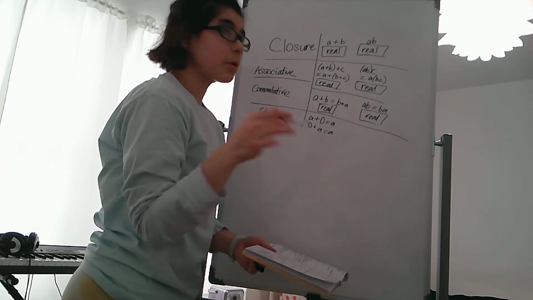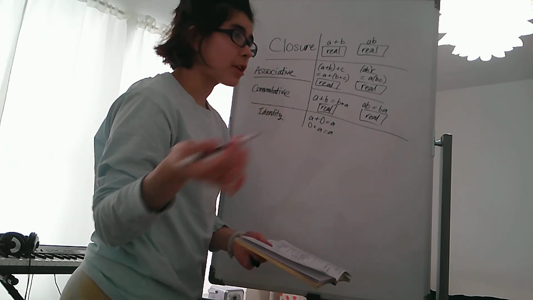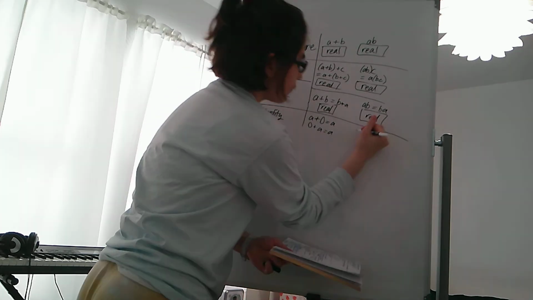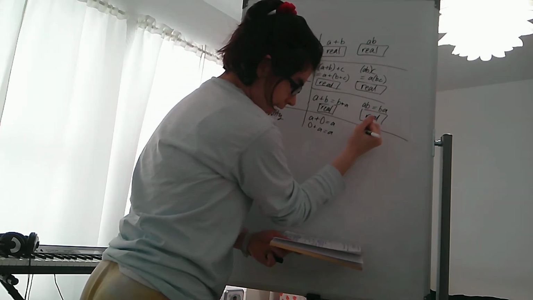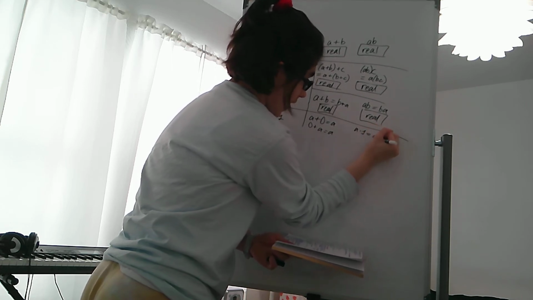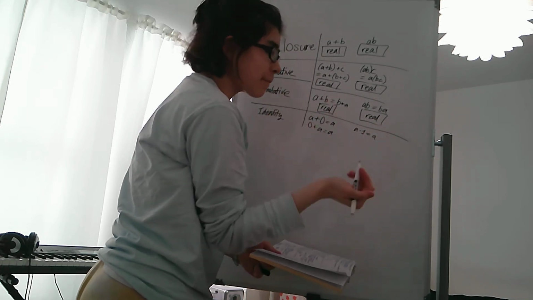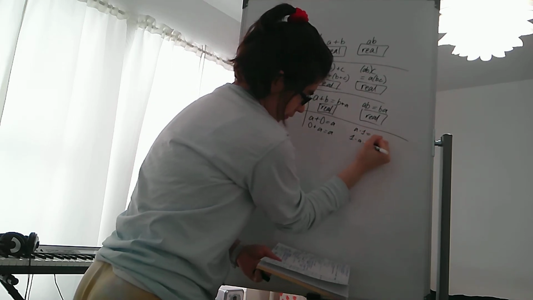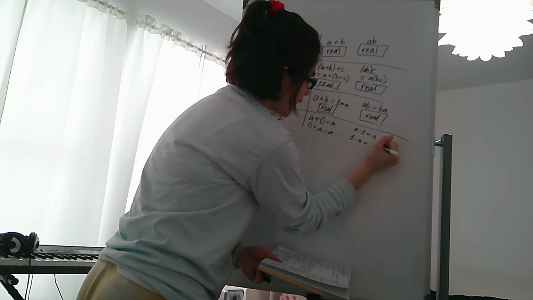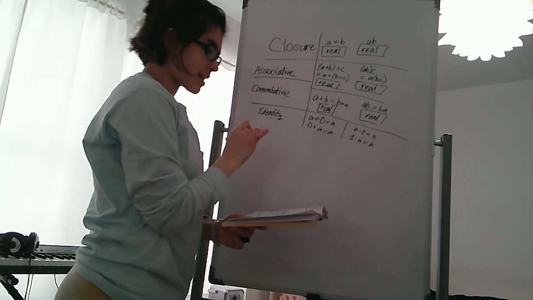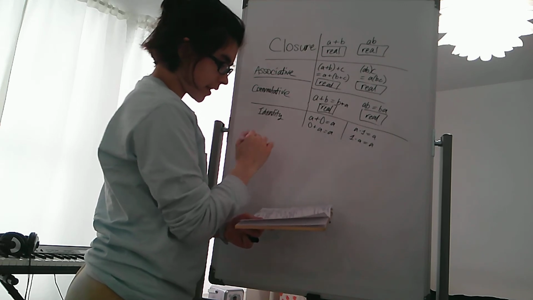Just think, 0 is nothing. You add nothing to something, you just have that something. And for multiplication, we have A times 1 equals A, because one group of something is just that something. No less, no more. 1 times A, on the flip side, is also A. So that is the identity property.